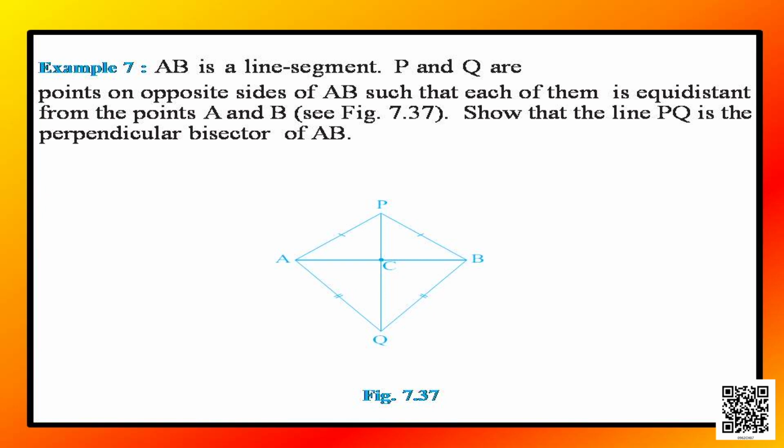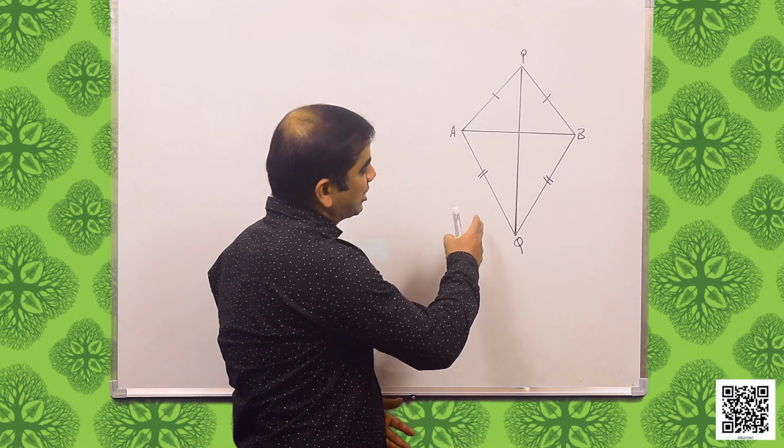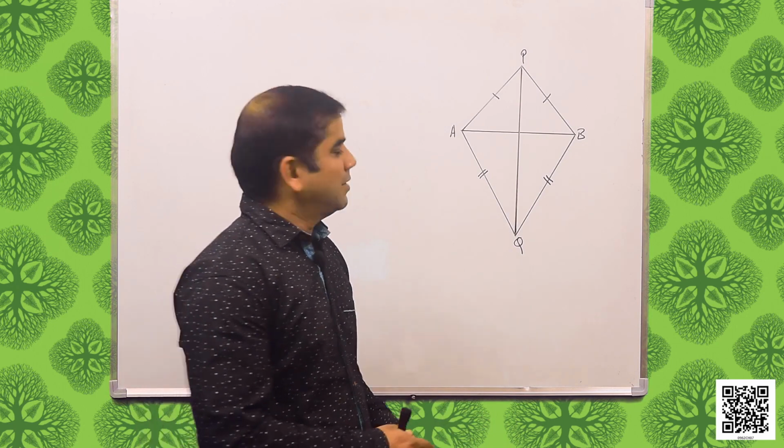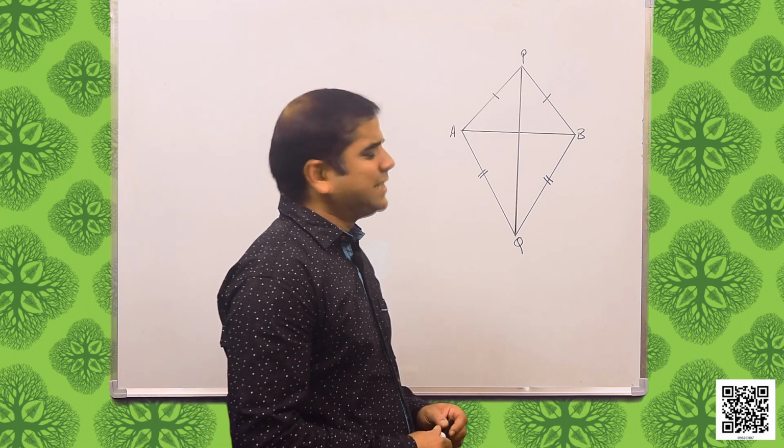The diagram is given in your book, that is figure 7.37. Let me draw the diagram first, then we will go for the solution. So, students, as it is given in your book, I have drawn the same diagram over here. So, what is given?